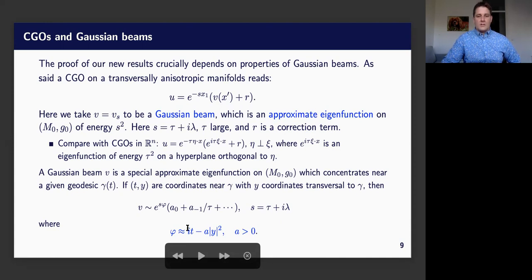With this phi, the phase function, what you have in the exponent is i times tau t. So when you travel in the direction of the geodesic, the solution will oscillate, and when tau is large, it will oscillate very fast. Also, when you go away from the geodesic, you will have a Gaussian decay in that direction due to this factor here.